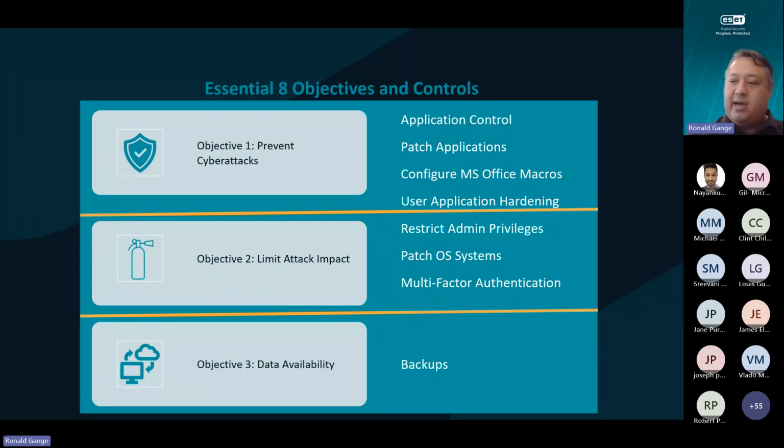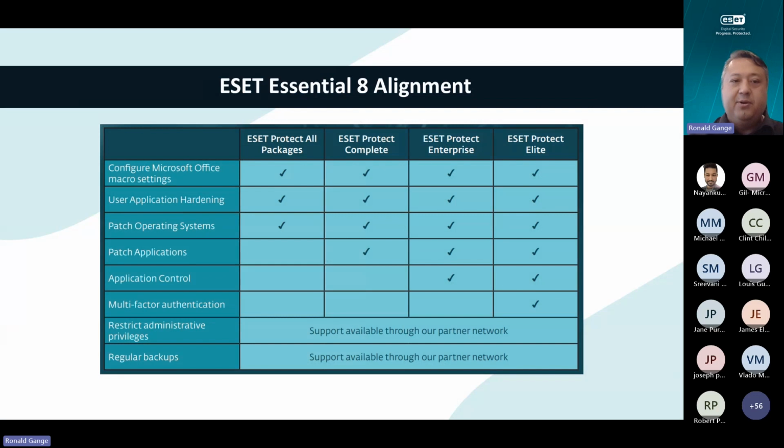There's no one product that you buy that ticks off all the boxes of Essential 8. But what each control or product or security feature does is enable you to tick off that you've covered specific risks. For ESET, we have a matrix of what we're able to cover against the different packages. ESET is quite modular in terms of our subscription.